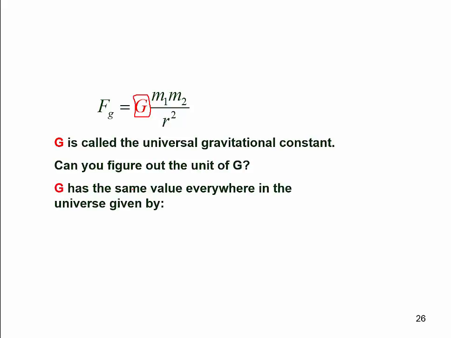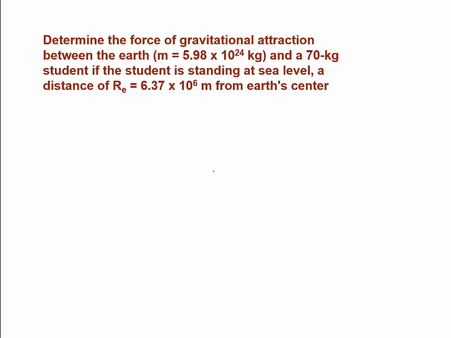It has a value of 6.67 times 10 to the negative 11 Newton meter squared per kilogram squared. You don't need to worry about these units now. All right? Let's do a small calculation.